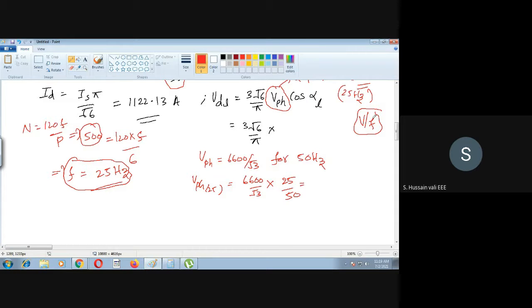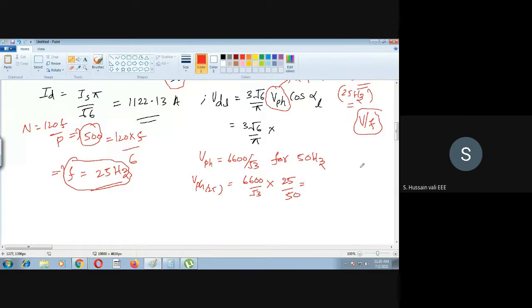As it is below the rated frequency, because the speed is below the rated speed, that is, 1000 is the rated speed but the actual speed we are operating at is now 500, so it is lesser than the rated speed. So the frequency is reduced. As the frequency is reduced, voltage also has to be reduced, because for below rated frequencies you have to maintain V by F constant. To maintain V by F constant, if F is reduced, V also should be reduced. That is the reason that I am doing all these things.